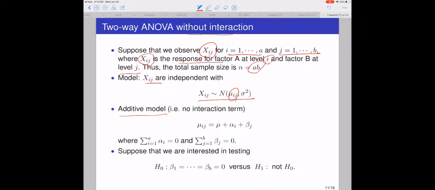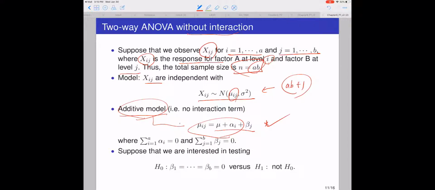So one example is the additive model. Then we can reduce the number of parameters. Without this constraint, the number of parameters is A times B plus 1, but the number of observations is A times B. So the number of observations is less than the number of parameters, and then it's not possible to estimate all the parameters.